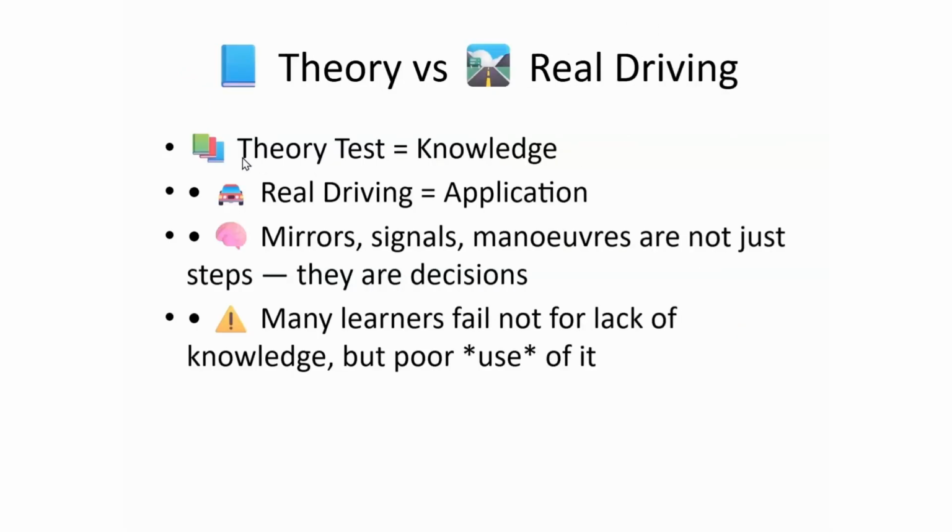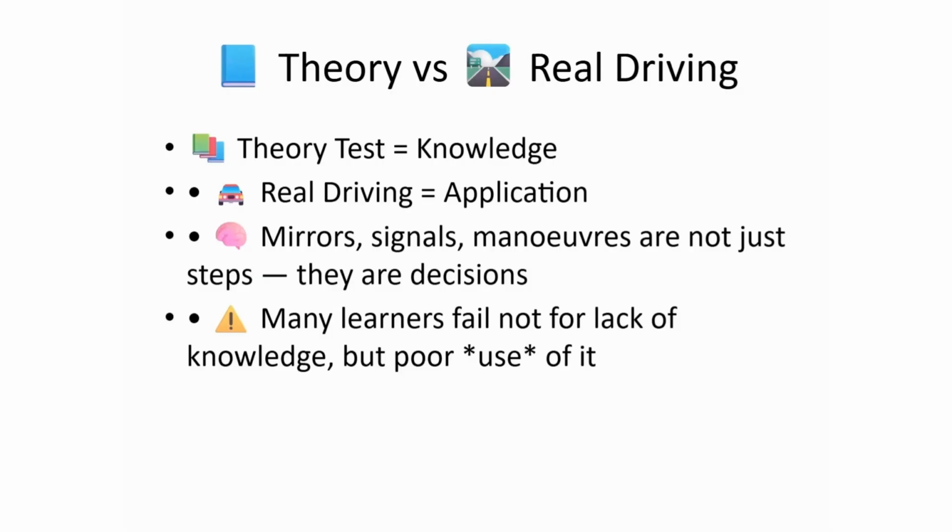Okay, so what I said to you earlier: theory test knowledge is the basis. You then take that basic knowledge and you have to apply it in your driving. And that's what the BDS Academy is about: how to apply that basic knowledge and develop it into better structures so that you can easily identify what you're dealing with.